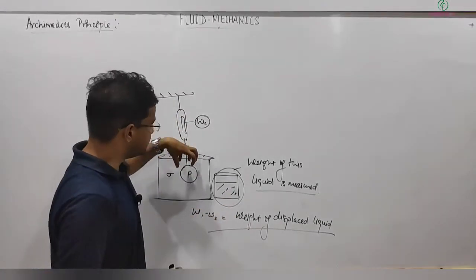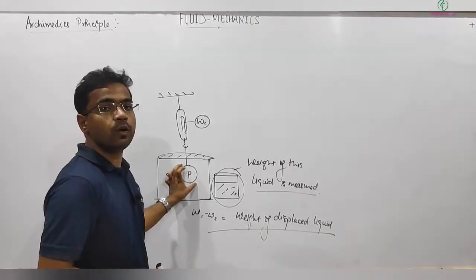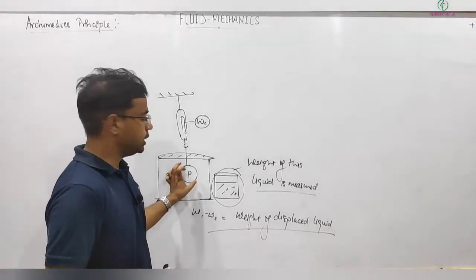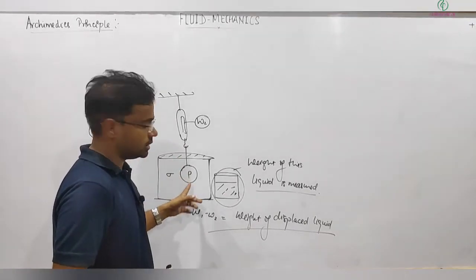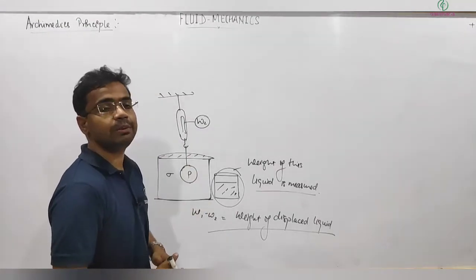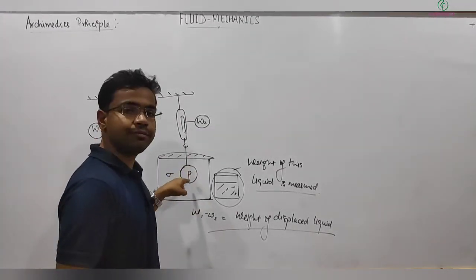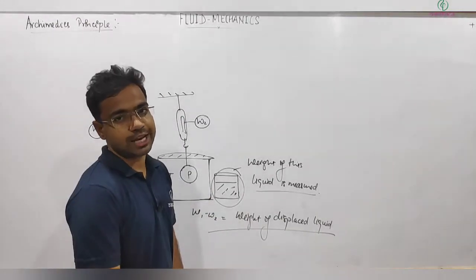Means when an object is submerged, it's displacing liquid, because initially this space was filled with liquid. So the force acting on this body in the upward direction will be equal to the weight of this displaced liquid, and we can get that experimentally.